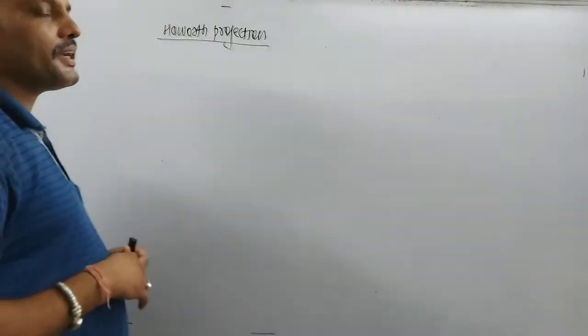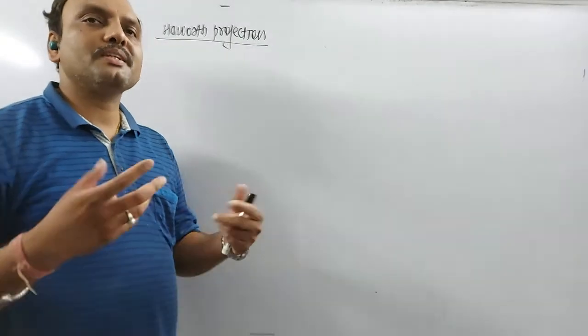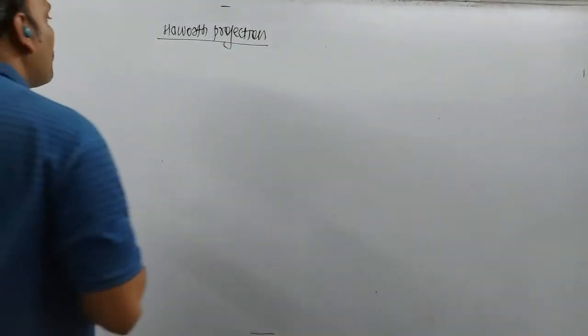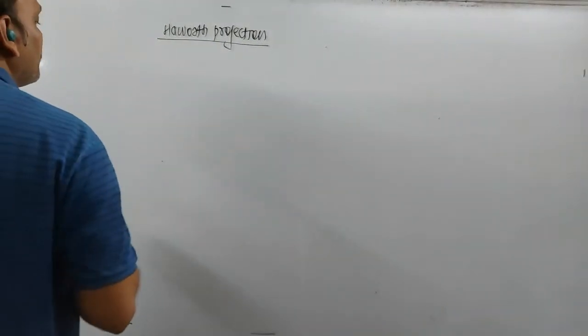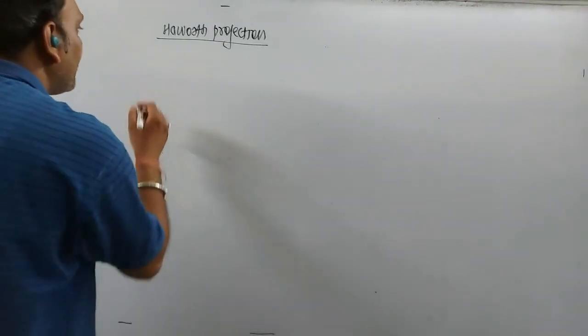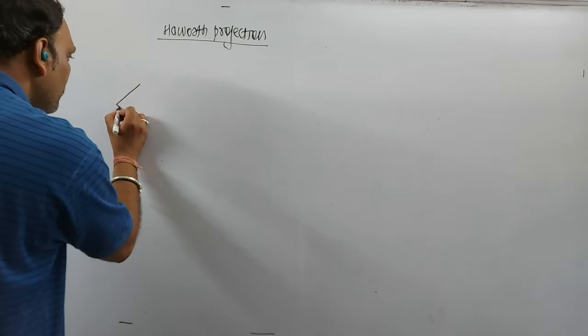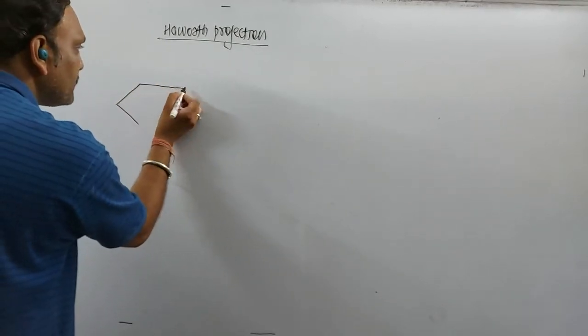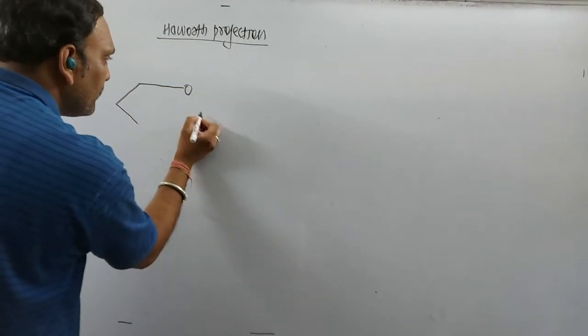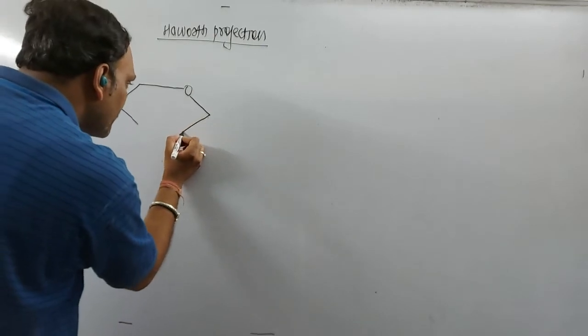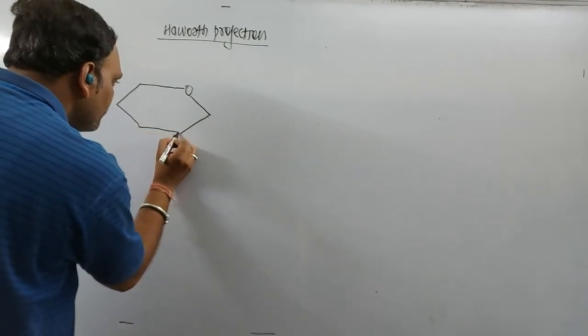Pyran is a heterocyclic compound having a six-membered ring. Now to draw glucose, we need to draw the six-membered heterocyclic ring, with oxygen pointing at the right corner in this manner. So this is the six-membered ring in which oxygen is at the right corner.